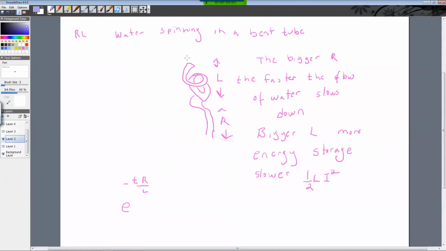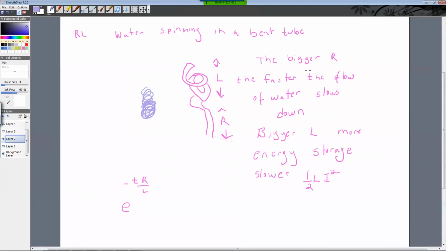the water, as it's going through, is spinning around, right? And like a flywheel, because flywheels and inductors are mechanical analogs of each other, right? So the energy is stored in the movement, and then the resistor slows that movement down, right?